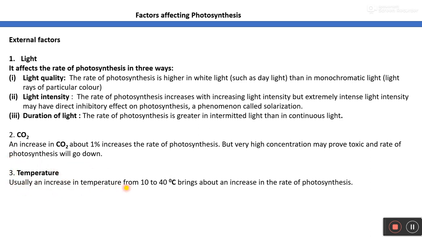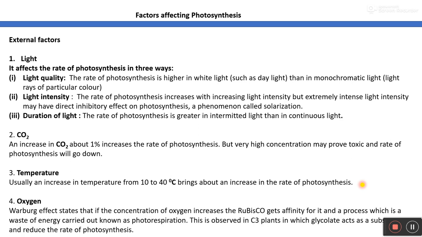Usually an increase in temperature from 10 to 40 degrees C brings about an increase in the rate of photosynthesis. If you increase the temperature beyond 40 degrees C, it has a negative effect on the function of the different enzymes of the C3 and C4 cycles, which results in a decrease in the rate of photosynthesis.